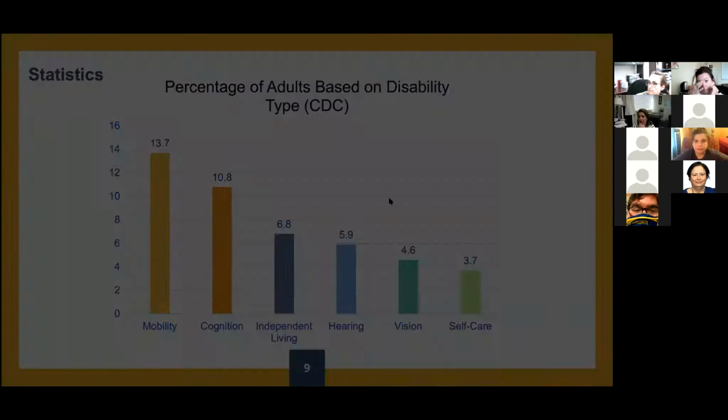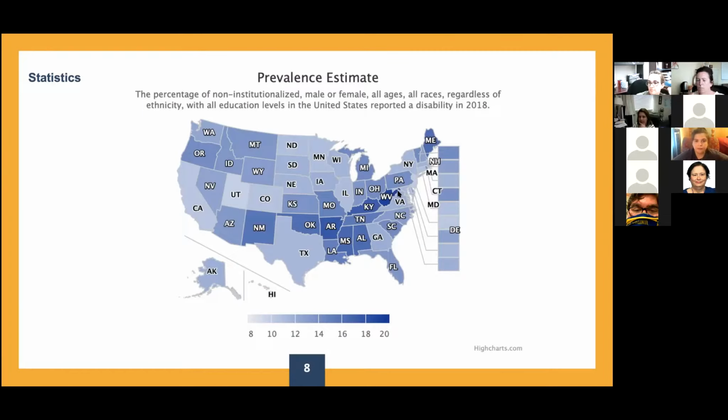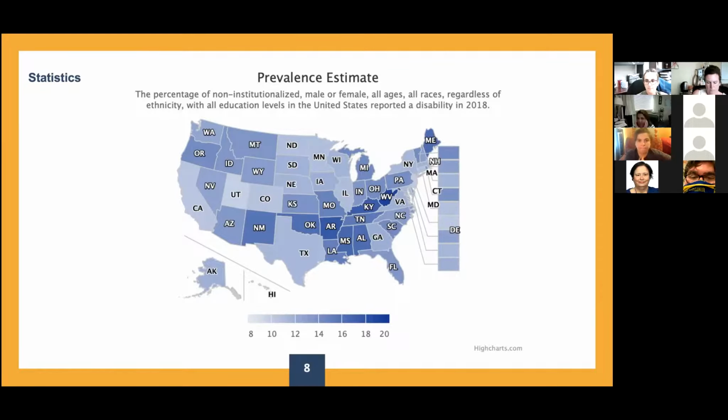And one of our highest in West Virginia is mobility and independent living. So one of our highest disabilities are those that come in later in life and could be a result of that. Others on the call, there are other factors that have been proposed, but what do others think? Why are we darker than Pennsylvania or Ohio or even Virginia?